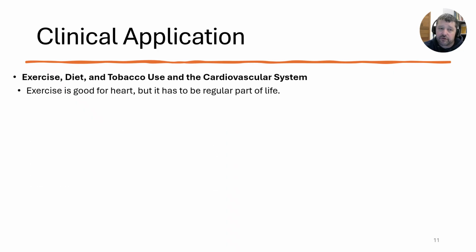So, clinical applications to all this: exercise, diet, tobacco use can all affect the cardiovascular system. Remember, your heart is just a muscle, and like any other muscle, if you don't use it, it will start to deteriorate. It'll start to have less functionality.